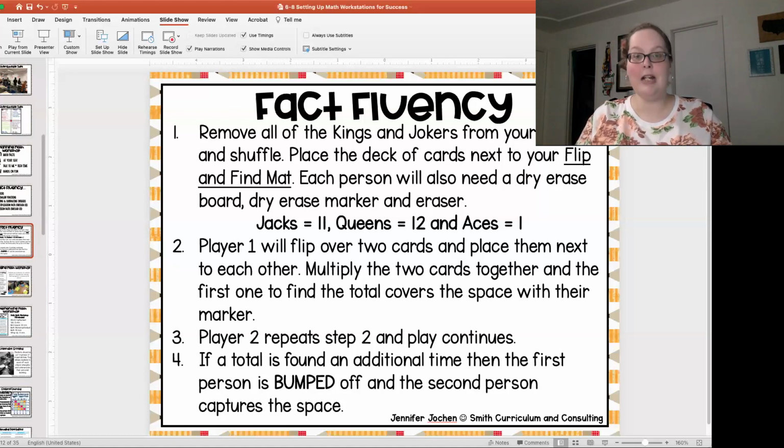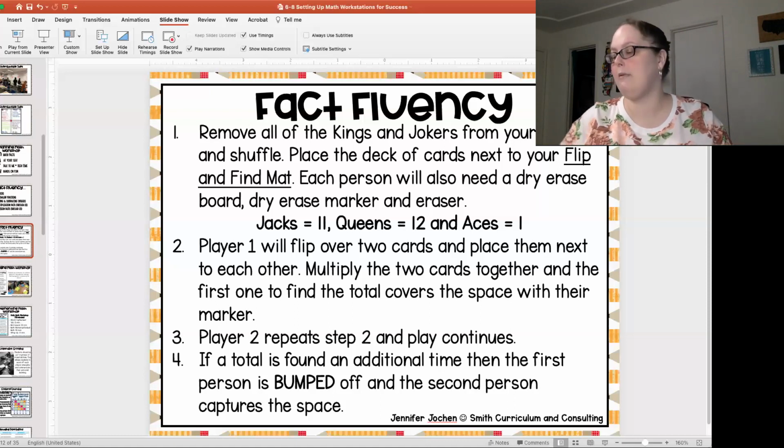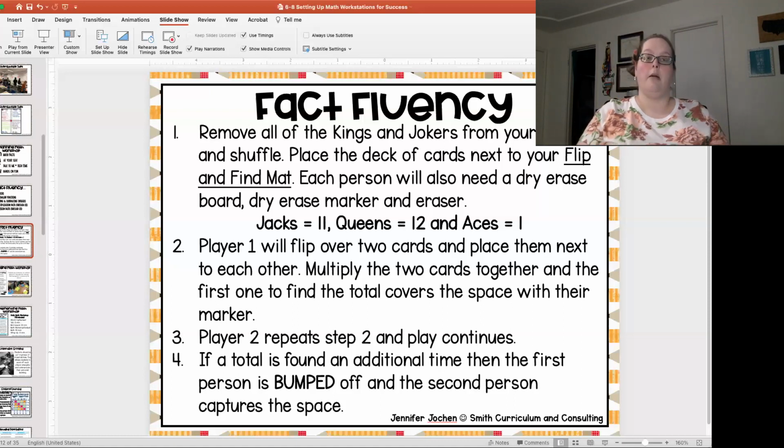Students would just need their own copy of the mat, their own deck, which most students, I would say, probably have a deck of cards at home. And if they don't, you might be able to find one online in online manipulatives. And then they would just need a copy of the mat and a marker or a crayon or a pencil. And they could easily do this as well.